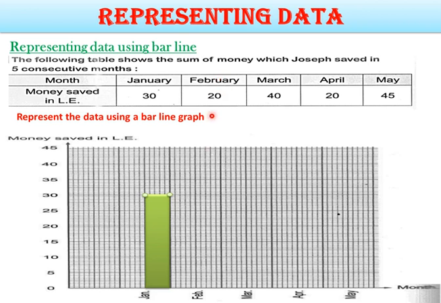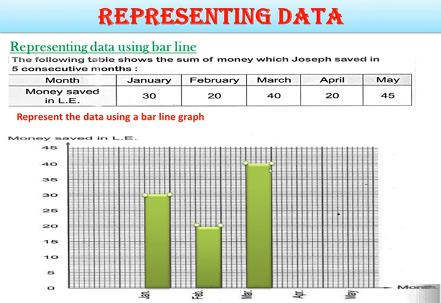Next month, February, is 20. Go up to 20, determine by 2 points, draw the two lines, and get the bar line. Next March: determine by 2 points up to 40, then draw two lines and get the bar line.